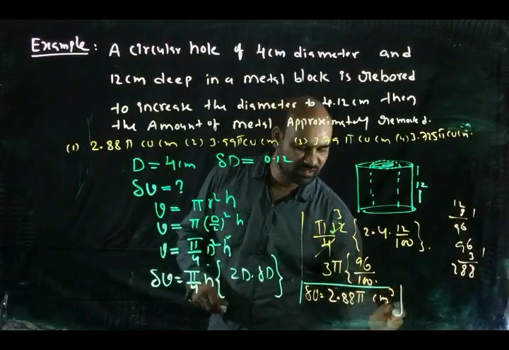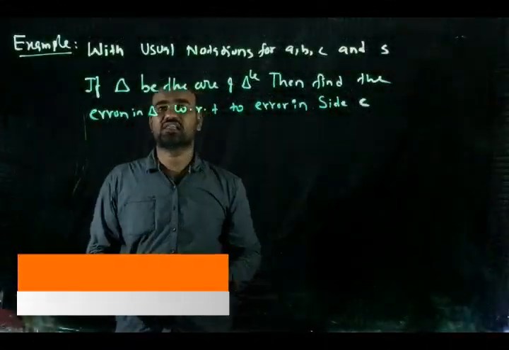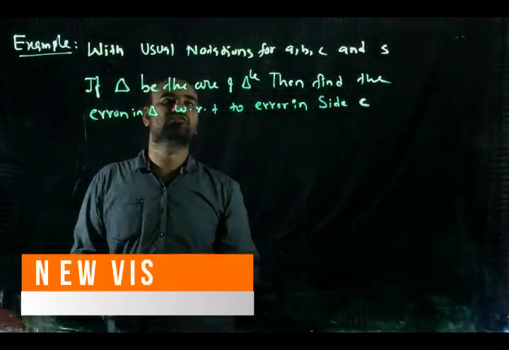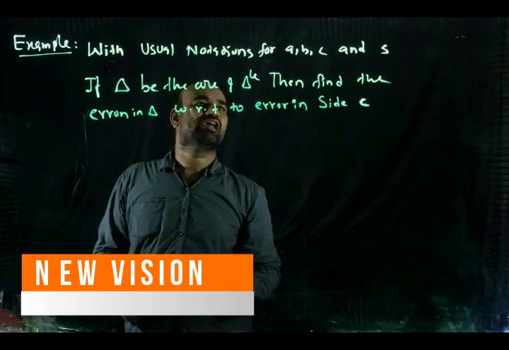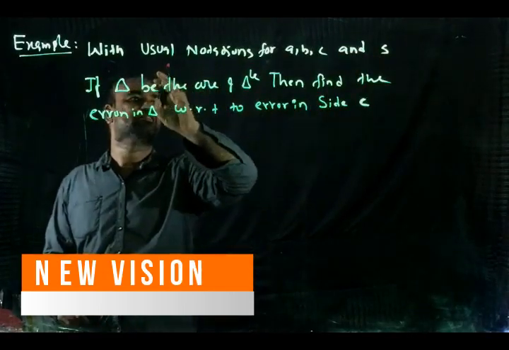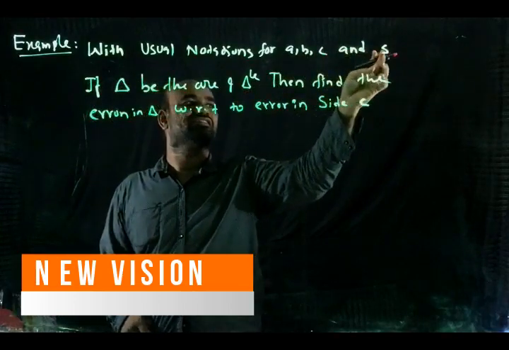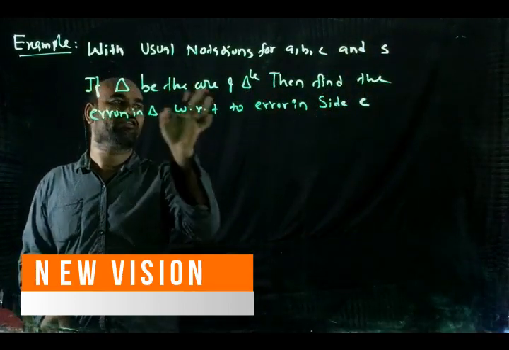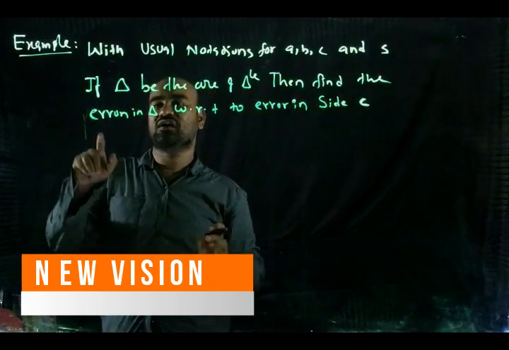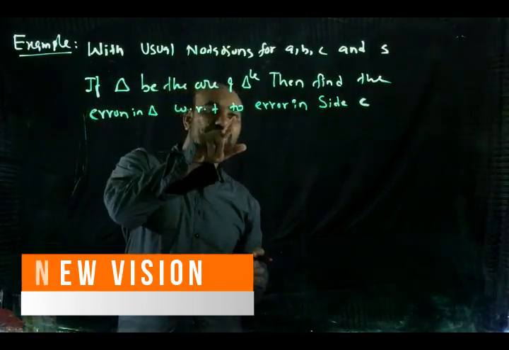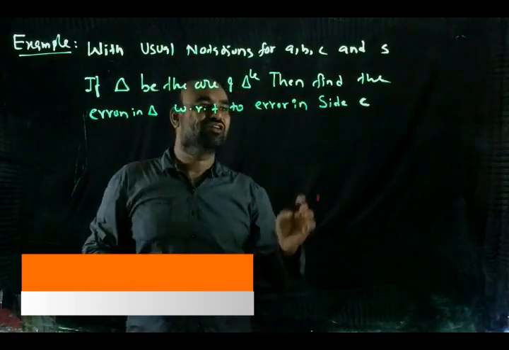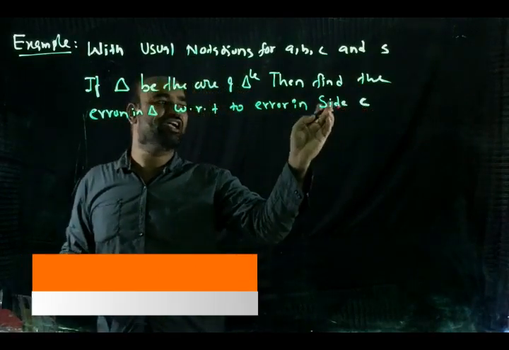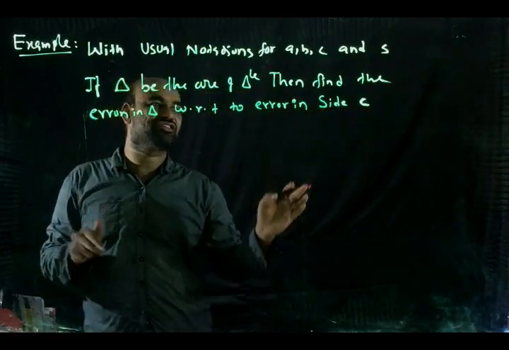Okay students, another example problem with usual notations A, B, C and S. A, B, C are the sides and S is the semi-perimeter of the triangle. Delta stands for the area of the triangle. Then find the error in delta with respect to error in side C. Error in side C means side A and side B are constant.